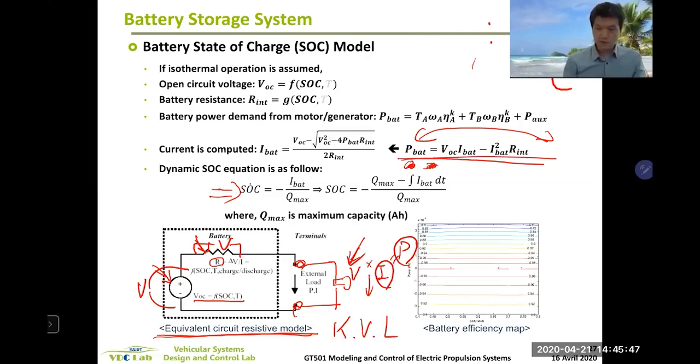Anyway, this is the equation we get based on Kirchhoff's voltage law. If you multiply all the voltage terms by current, then you get power. Battery power is basically the terminal power, which is the actual power used by the load, which could be a motor. This part is for the voltage source.